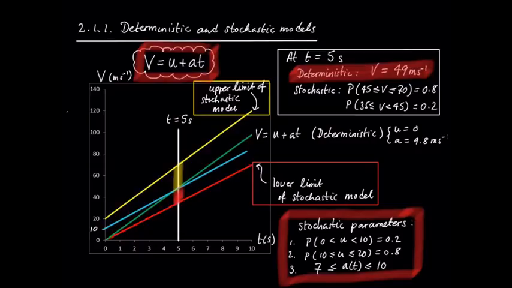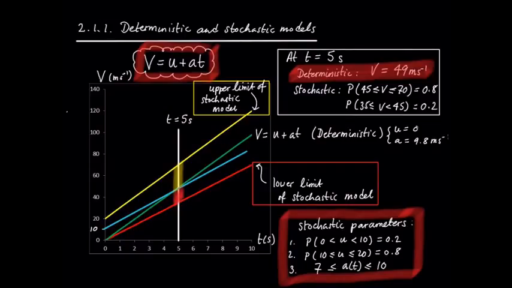So at t equals 5 seconds, the velocity could be anywhere between the lower limit and the upper limit of the model. We can't say where it's going to be because the initial conditions are probabilistic, and the acceleration is somewhere between 7 and 10, and we don't know what it is or what it was.